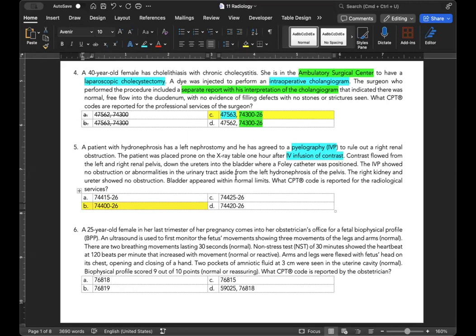Because we did not have a drip technique, bolus technique, a nephrotomography, and then it wasn't specified that it was retrograde or antegrade. Okay, any questions on that one? Okay.